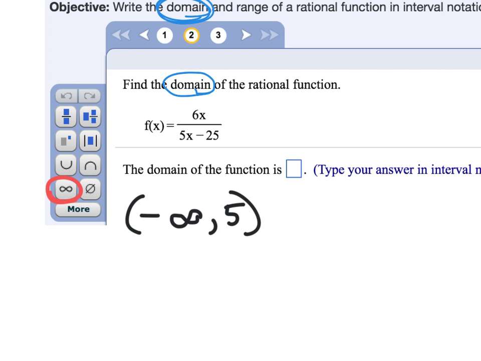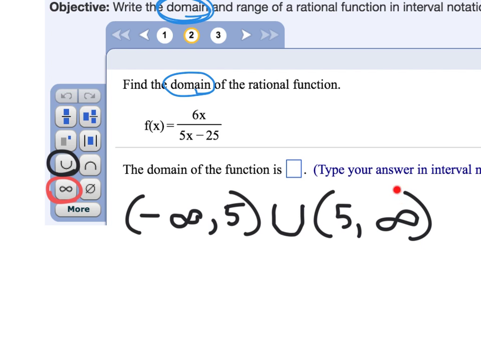You're going to type in the negative sign, and then press the infinity symbol, comma 5, and then the union, so that's this symbol right there. And then it could be from 5 up to infinity, but it's going to be soft brackets on those because it's not allowed to be 5, and you'll never reach infinity. So that's why that is your answer.